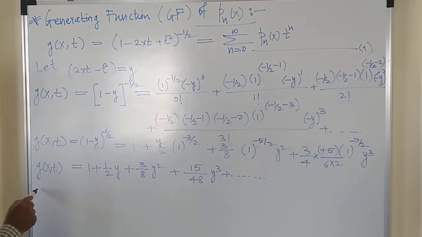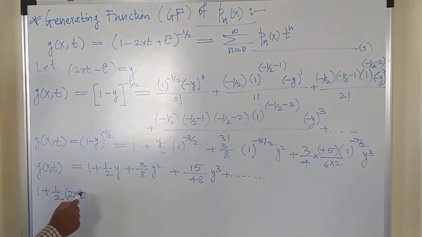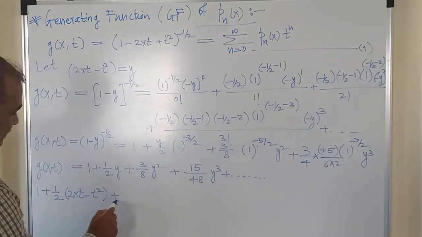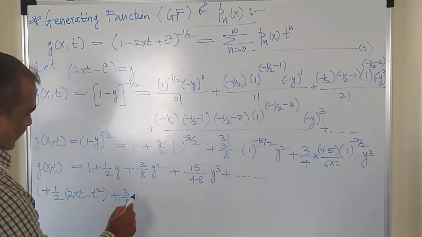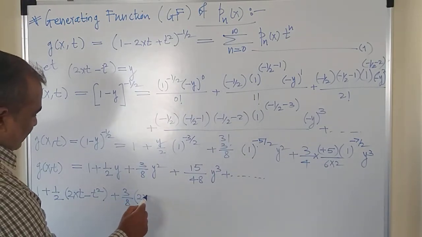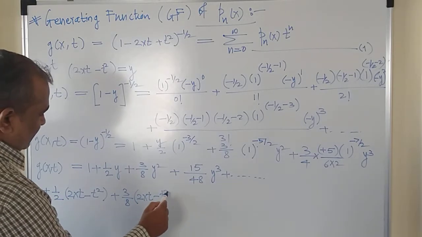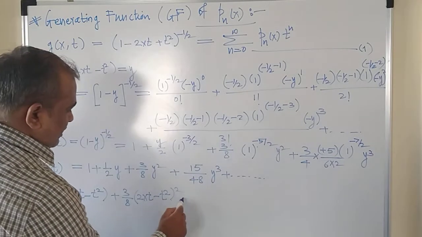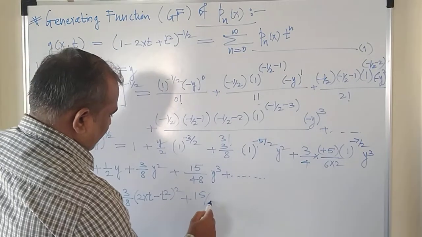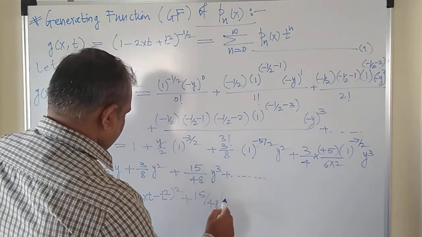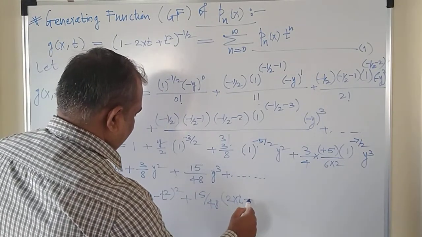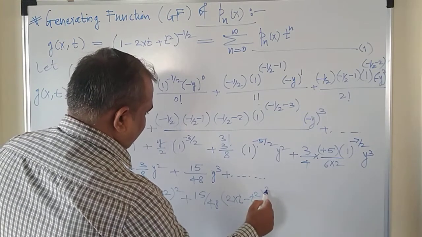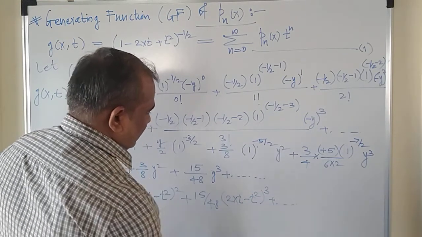So first, 1 plus 1/2 times y, that is 2xt minus t square, plus 3 by 8 into y square, that means (2xt minus t square) whole square, plus 15 by 48 into (2xt minus t square) raised to power 3 plus dot dot dot.